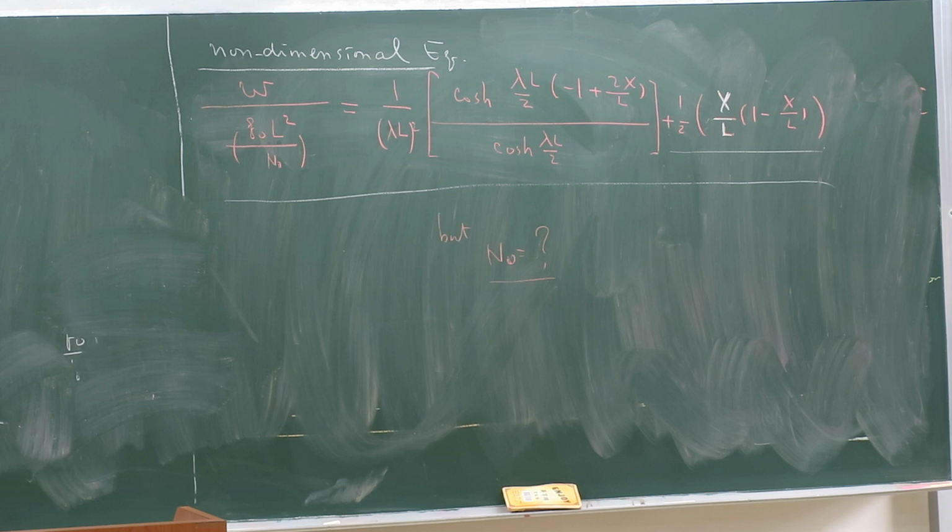I divide by EA and move this term over, so only this term is left. And actually this is du/dx, because u is a function of x, a single variable. So du/dx equals N0 over EA minus half (dw/dx) squared, right?